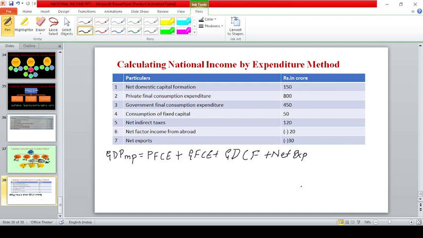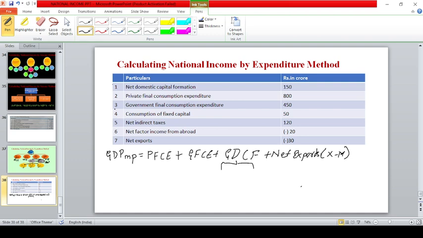The formula for net exports we know, that is X minus M. And gross domestic capital formation is further divided into gross fixed capital formation and inventory.